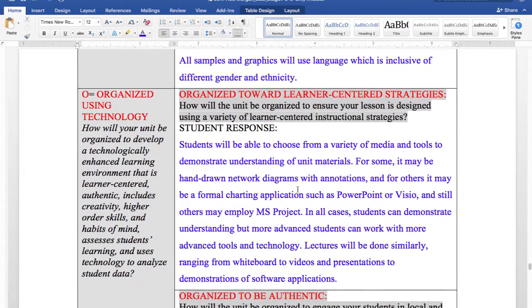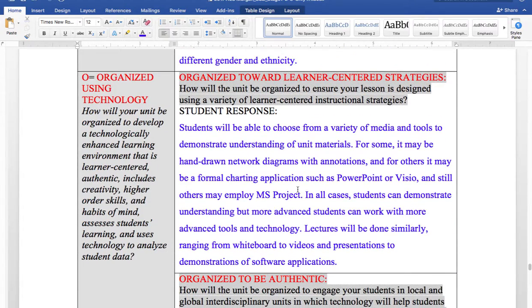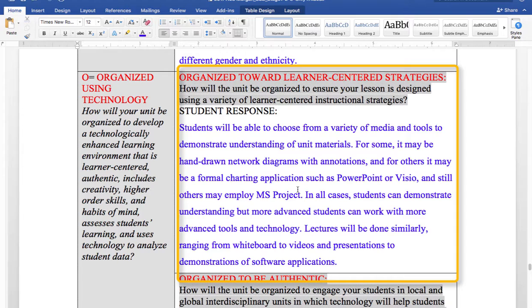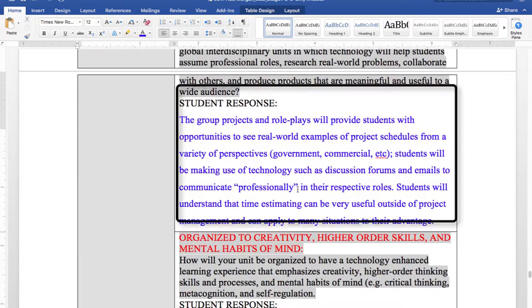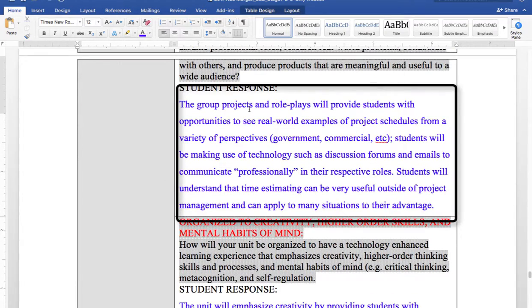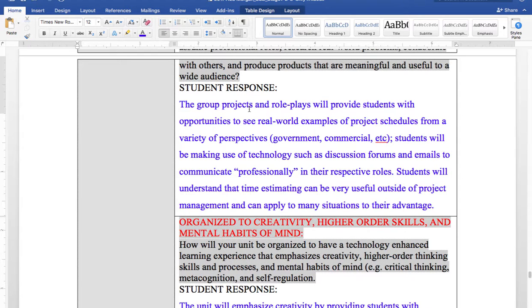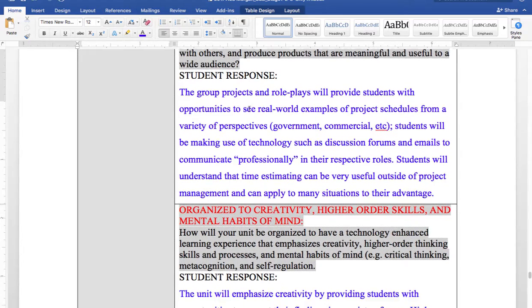And then finally, the O: how to organize the material towards learner-centered strategies, how to be authentic, how to make sure that the learning objectives relate to meaningful real-world examples and can be transferred to real-world problems.